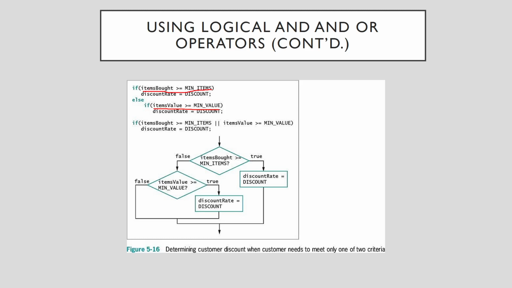Meaning if either of these two conditions is true, discount rate is equal to discount. For that, you can use the logical or. If either this condition is true or this condition is true, the discount rate is equal to discount.